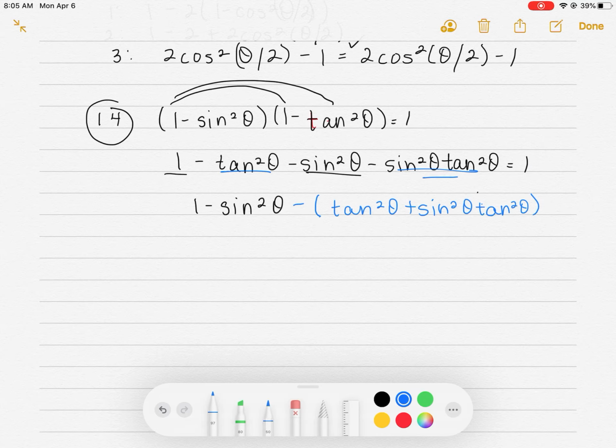Okay, so then I have 1 minus sine squared of theta. I factor out a tangent squared, so I have minus tangent squared of theta. And then I'm left with 1 plus sine squared theta there.